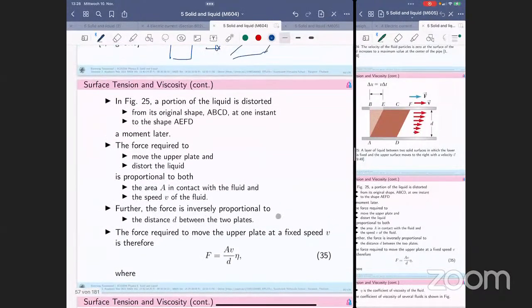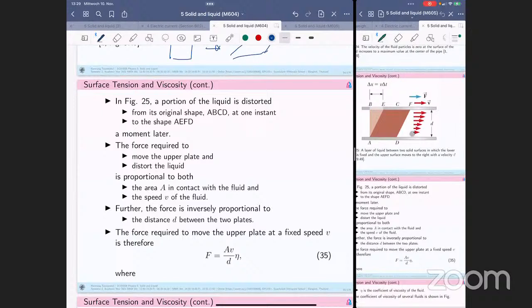Further, the force is inversely proportional to the distance d between the two plates. If these two plates are quite close to each other and you have the same type of fluid, you will find that it's quite difficult to move this plate, right? So if you let the distance be smaller, you have to exert more force to this plate.